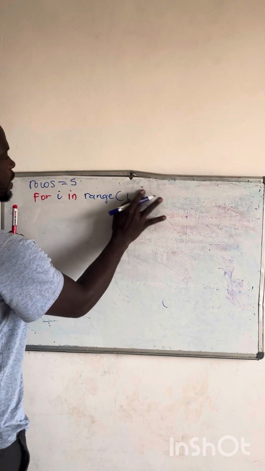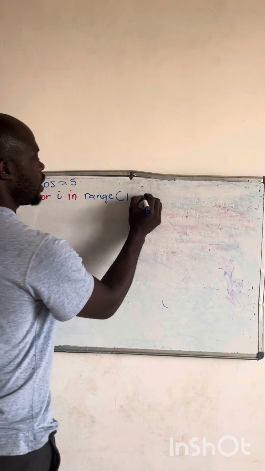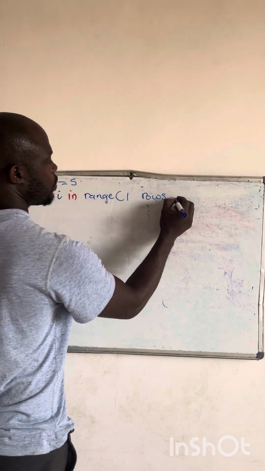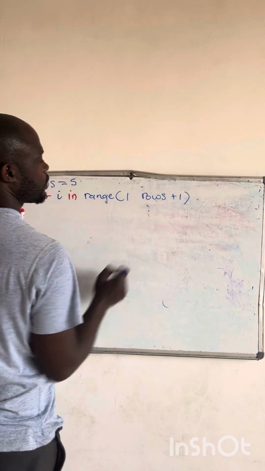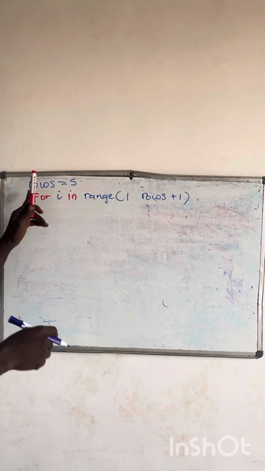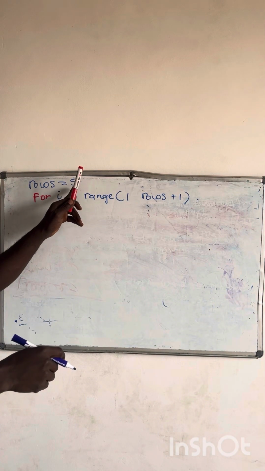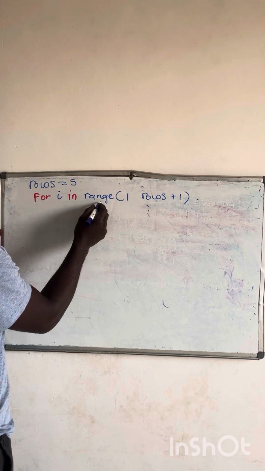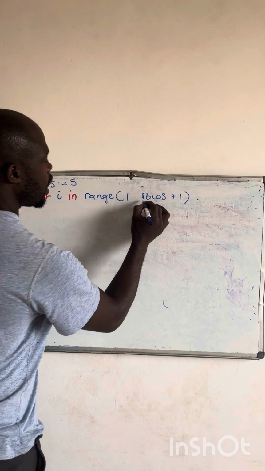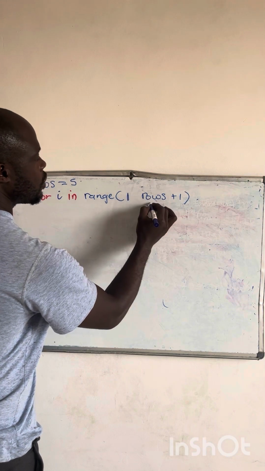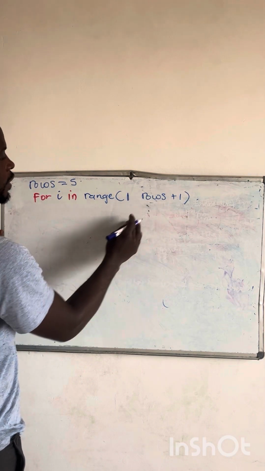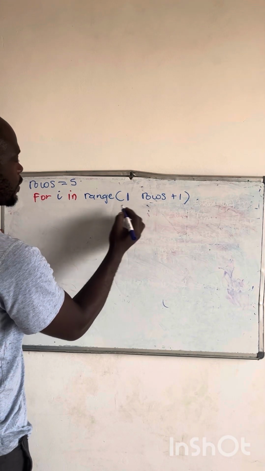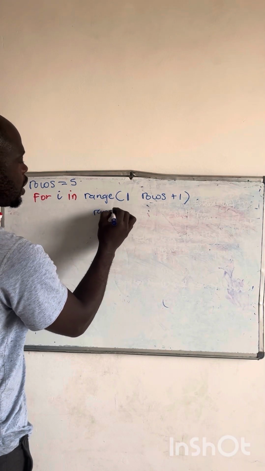And we are going to add 1 here. So we want our rows to be 5. So we are saying for i in range 1, rows plus 1.